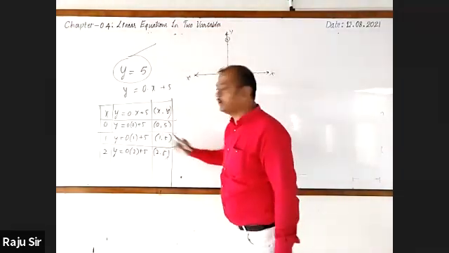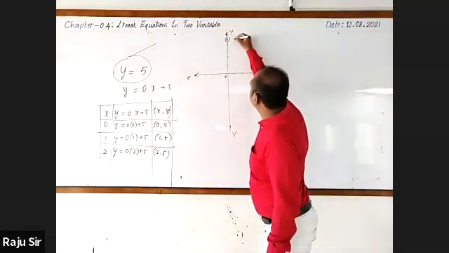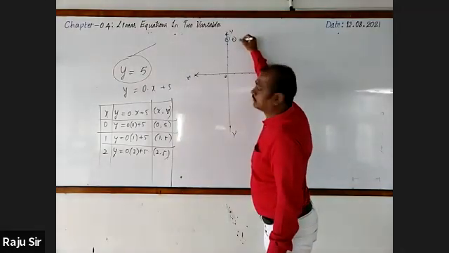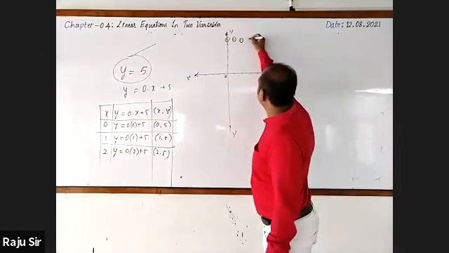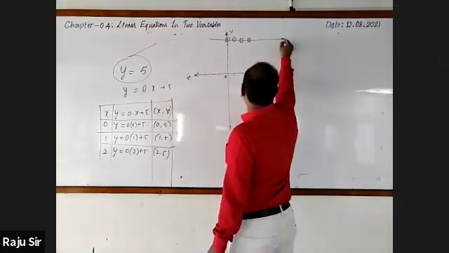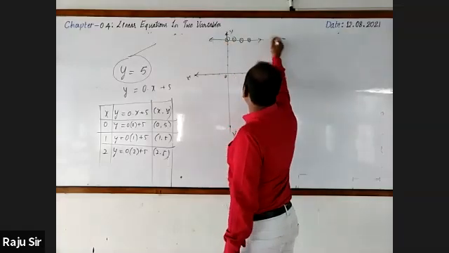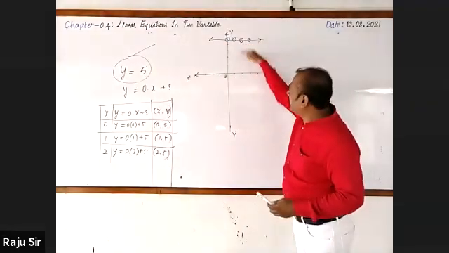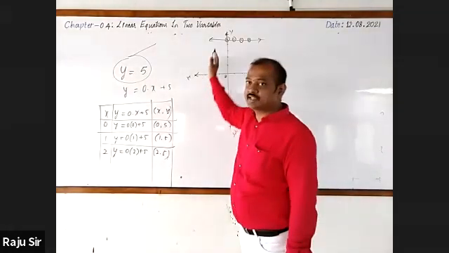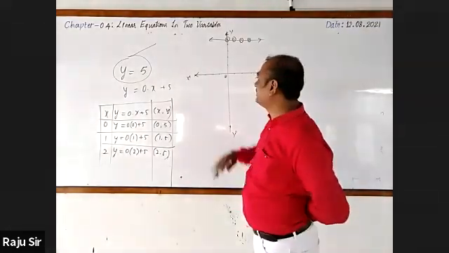Then 1 comma 5, 2 comma 5, 3 comma 5. It is parallel to the x-axis. Very good. Parallel to the x-axis, perpendicular to the y-axis, and it intersects the y-axis.